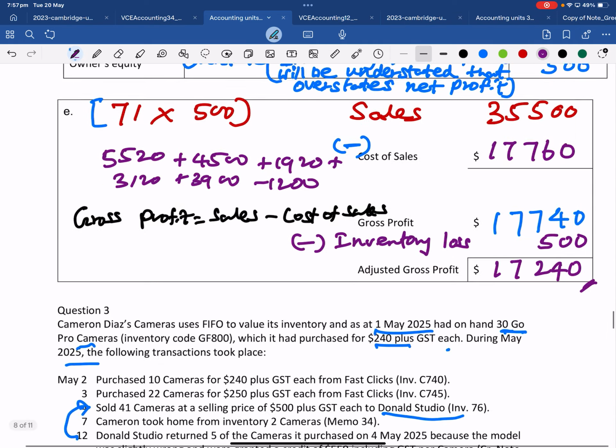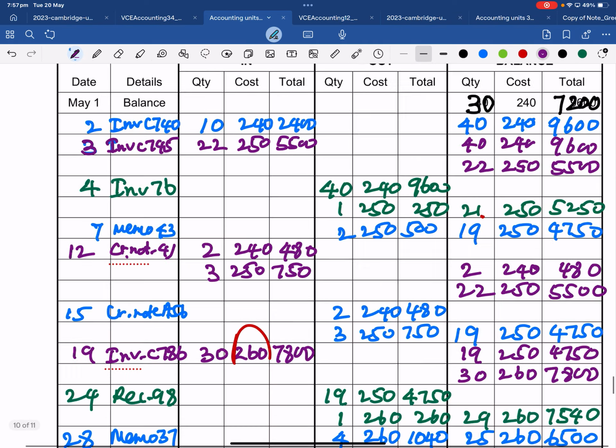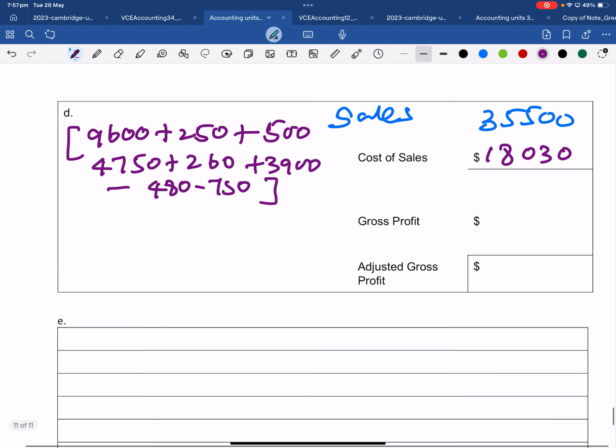Okay, guys, we'll quickly do this income statement thing as well. So, how much is the gross profit then? 17,470.